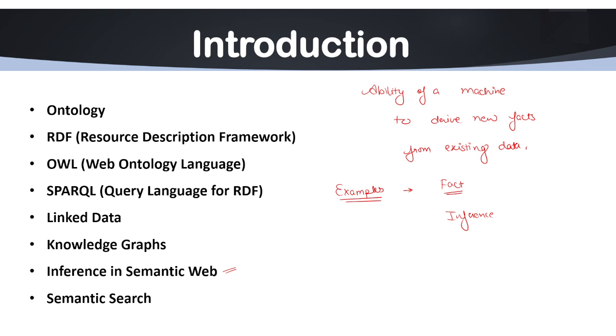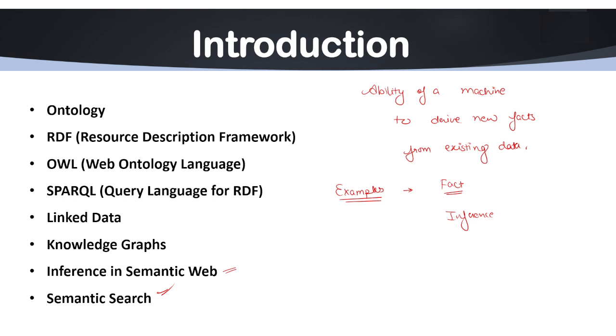The inference can be cats need food. I'm repeating the example. The fact is cats are animals and animals need food. So the inference can be cats need food, right? So these are basically used in expert systems, reasoning engines, and recommendation systems. So inference engines are used there.